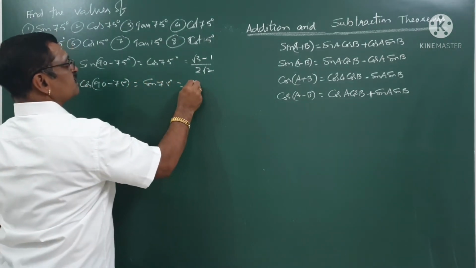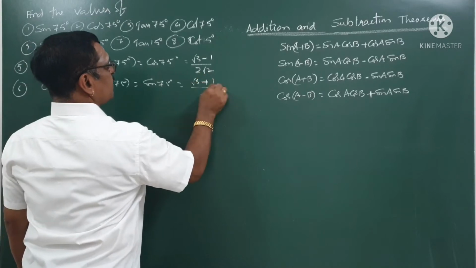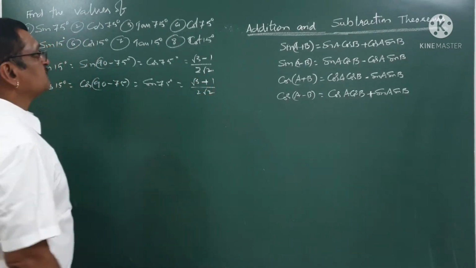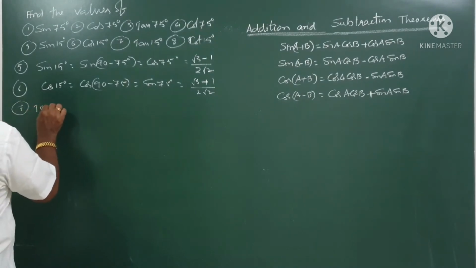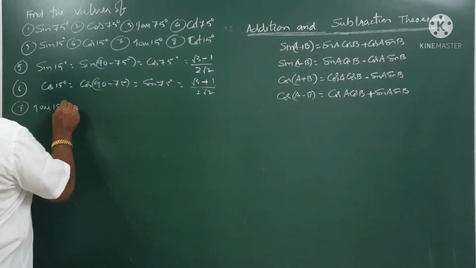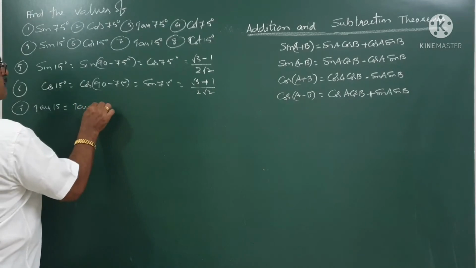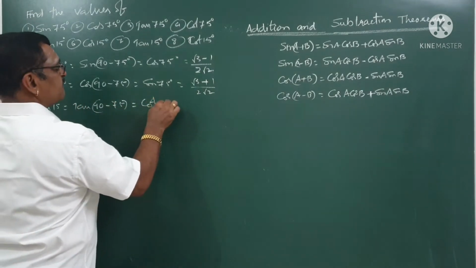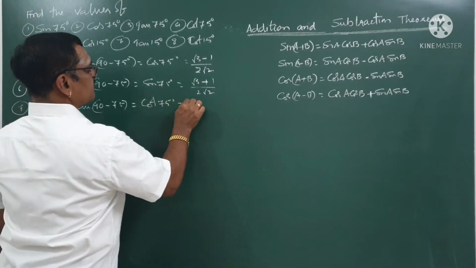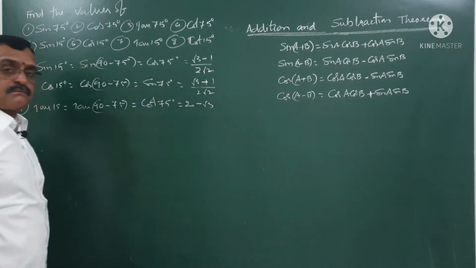Of course I know this value, root 3 plus 1 by 2 root 2. Similarly, tan 15, seventh question. Tan 15 degrees is equal to tan of 90 minus 75, which is equal to cot 75, which just now we proved as 2 minus root 3.